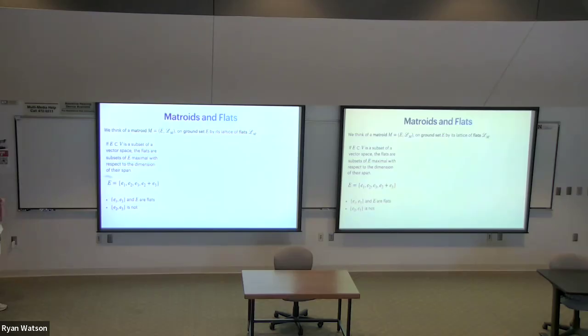For example, if my ground set is e1, e2, e3, and the vector e2 plus e3, the set e1 and e3 is a flat, because their span only contains e1 and e3. But the set e2, e3 is not a flat, because their span also contains e2 plus e3, so it is not maximal. But the set e2, e3, and e2 plus e3 is a flat.